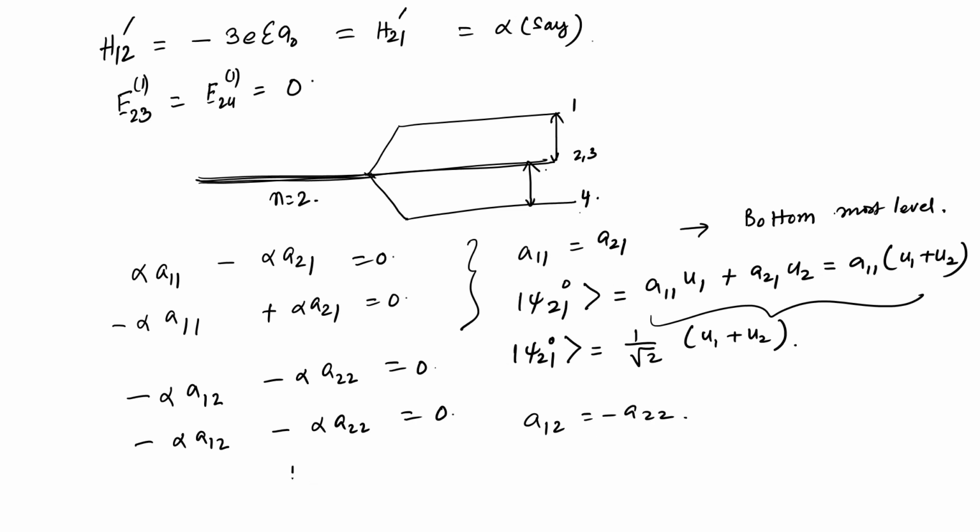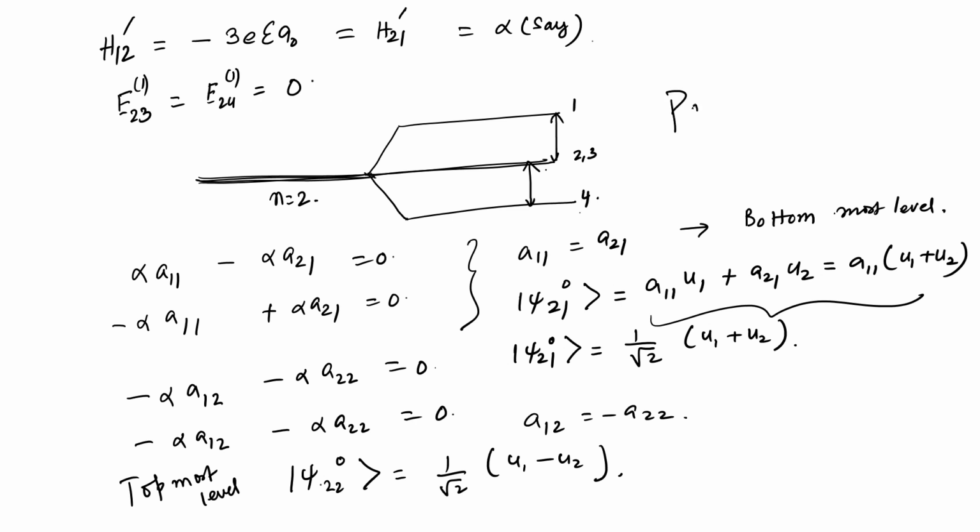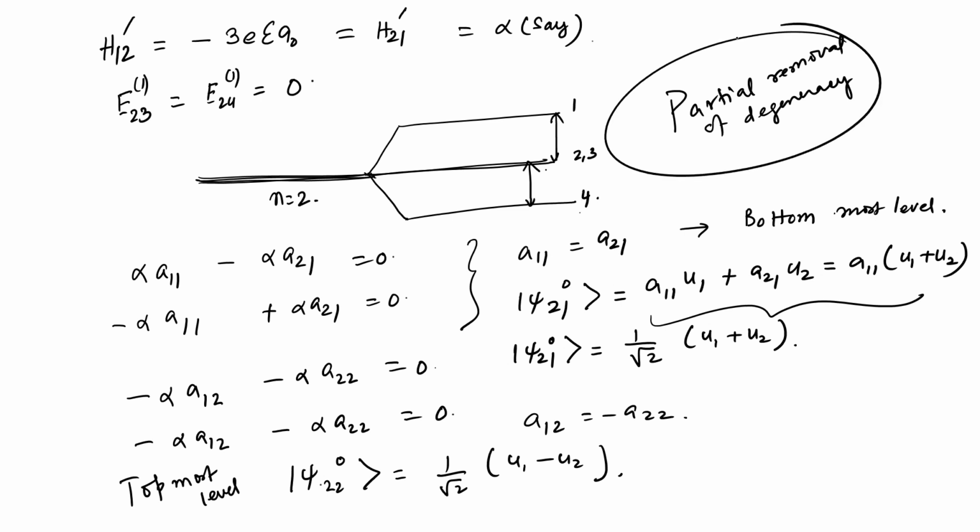The topmost level is psi 220, which is equal to 1 by root 2 times U1 minus U2. So, there is a partial removal of degeneracy. Two levels continue to be degenerate and so on.